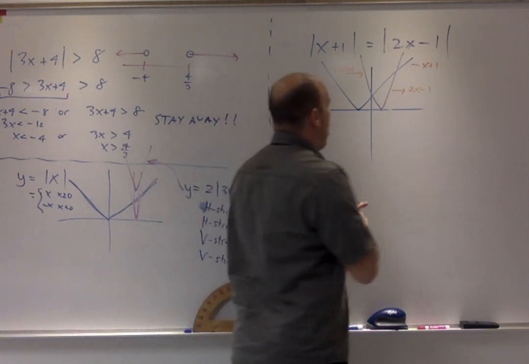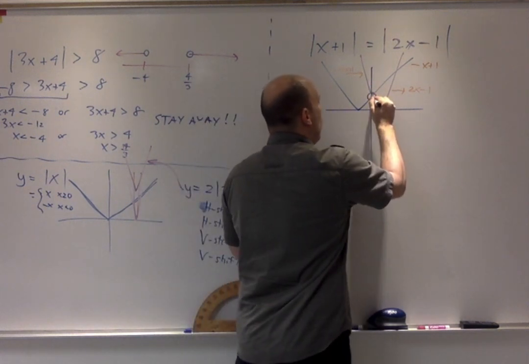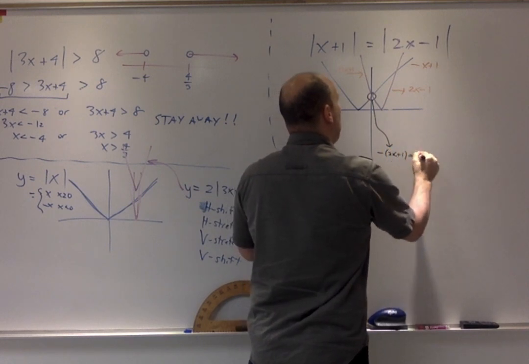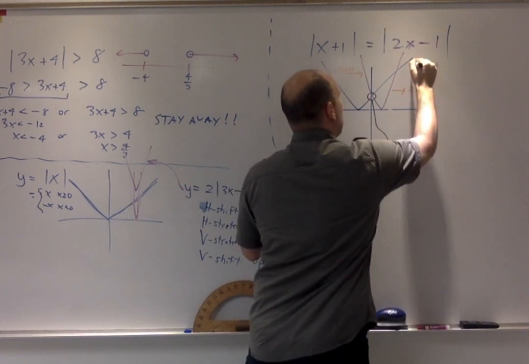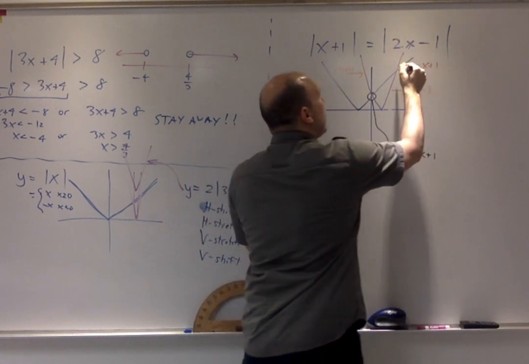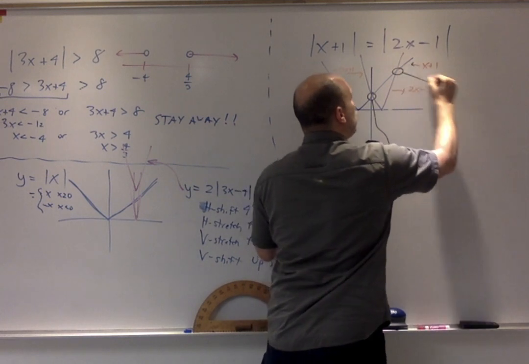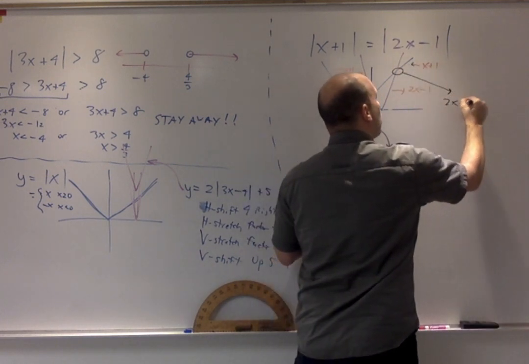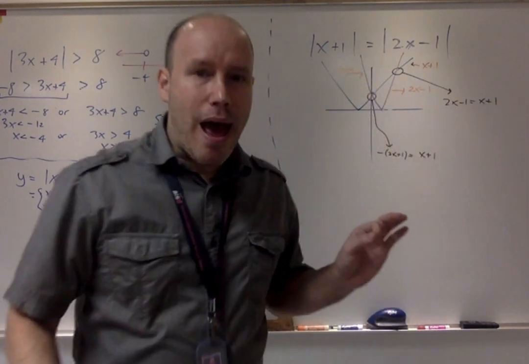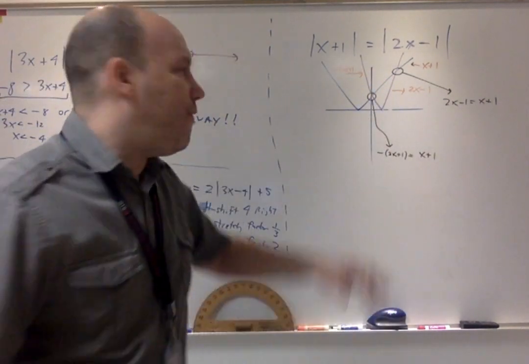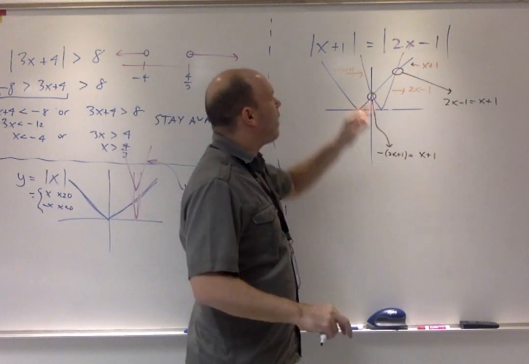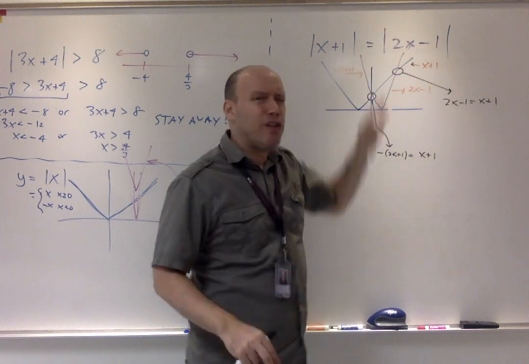I visually know that this intersection will be solved by the equation negative 2x plus 1 is equal to x plus 1, and I know that this intersection here will be solved by the equation 2x minus 1 is equal to x plus 1. So once again, once you have a visual and you know which equations to set equal to each other, a lot of kids run through all the combinations. I'm like, no.